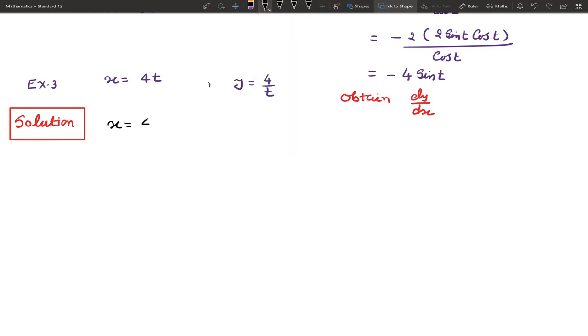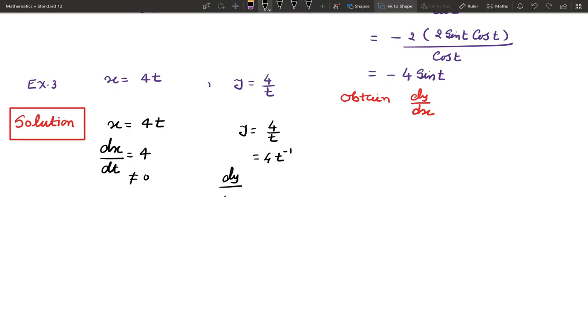x equal to 4t, so dx by dt, derivative of x with respect to t, and you can observe not equal to 0. Derivative of t with respect to t is 1. Now y equal to 4 upon t. So this is nothing but 4 into t raised to minus 1.